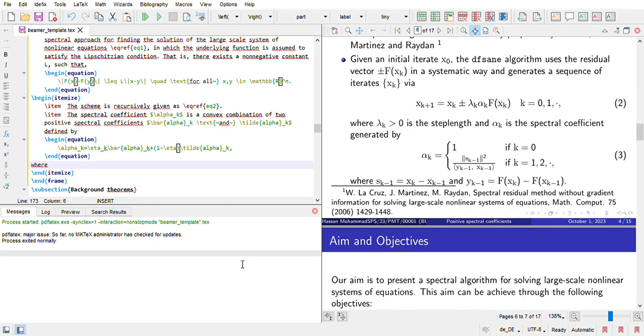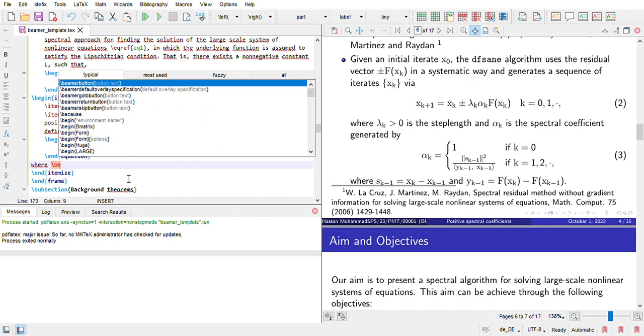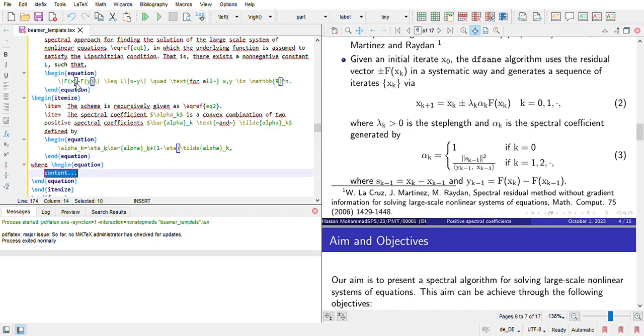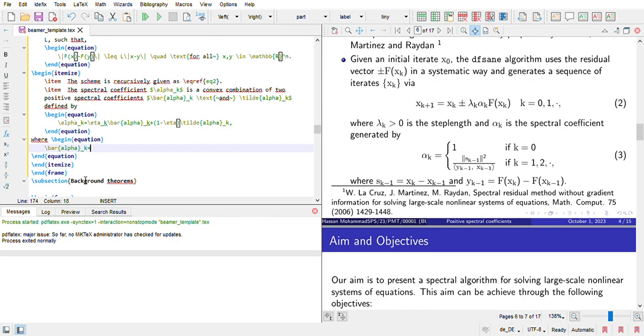We put them in one numbered equation: begin equation, then we start with alpha bar is equal to, I think the definition is, the norm of s_k to the power 4, fraction is frac.